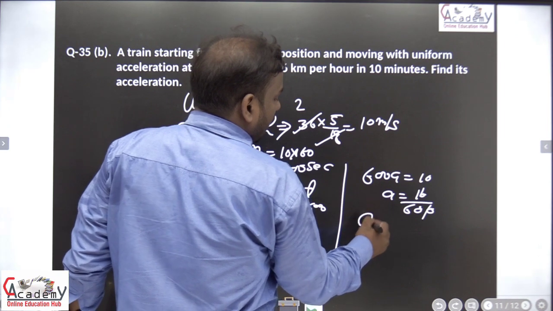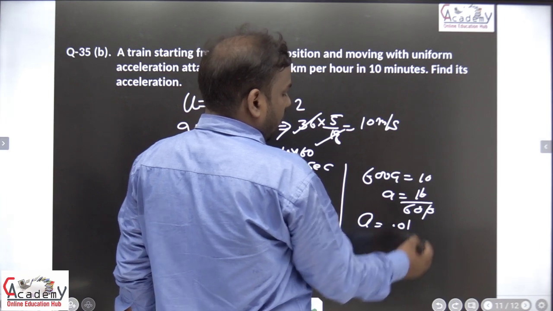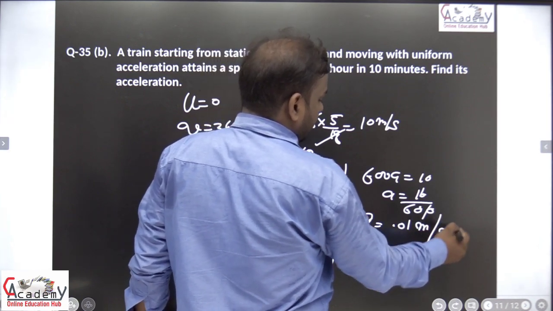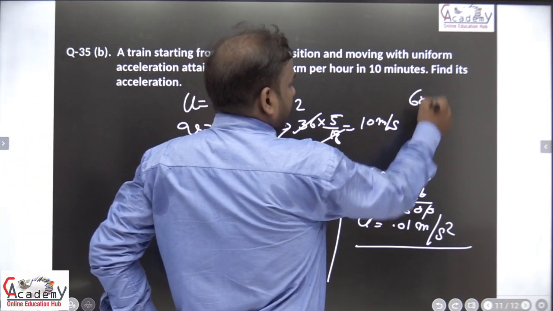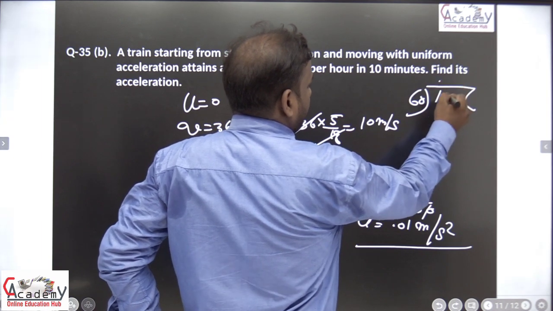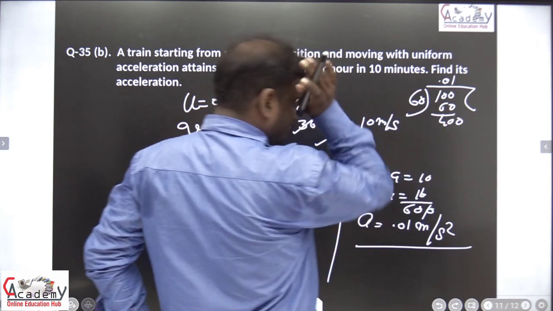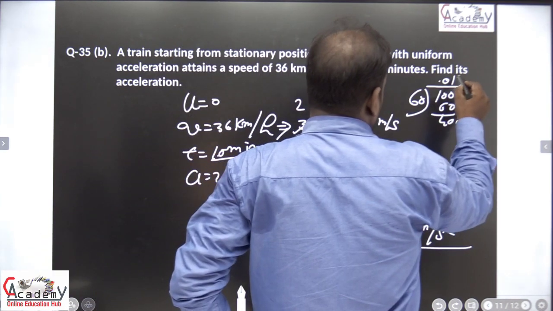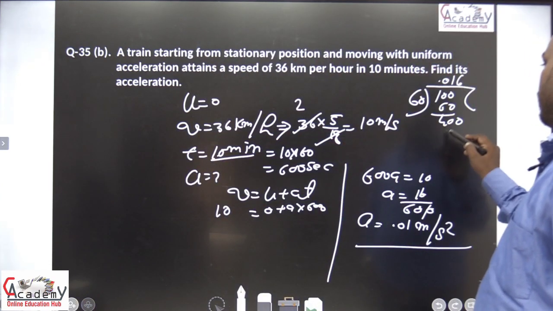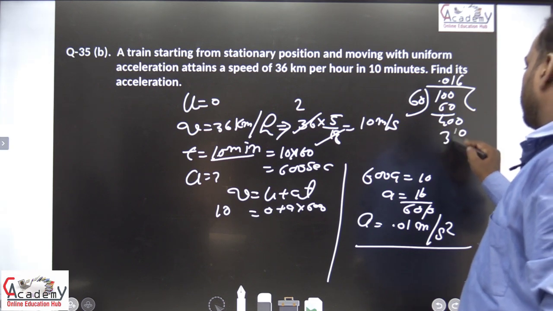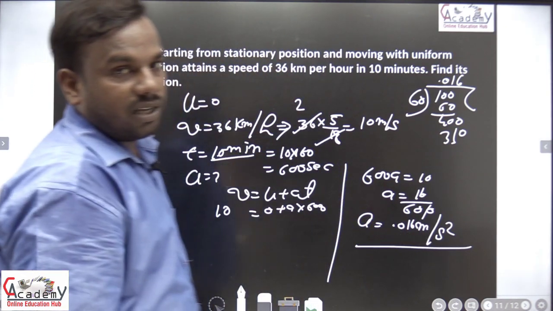Cancel out. a is equal to 0.016 meter per second square.